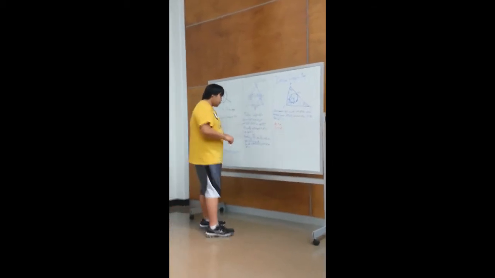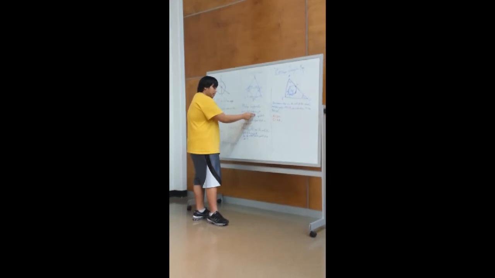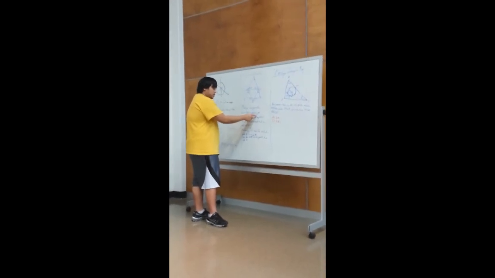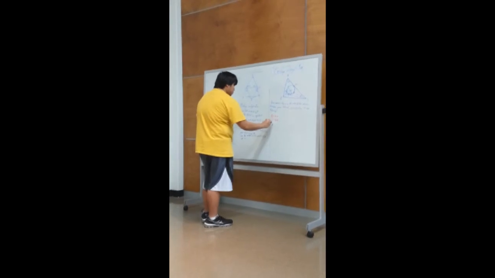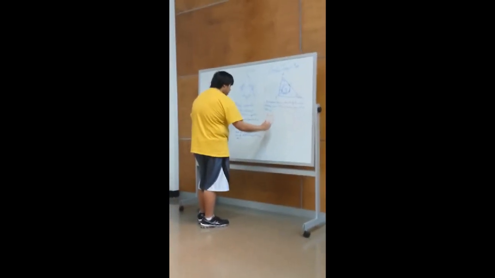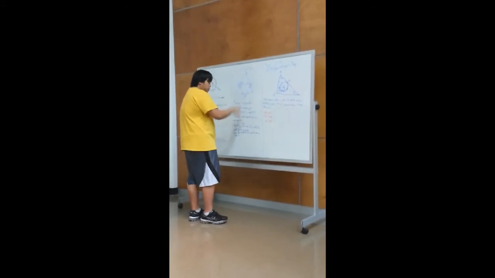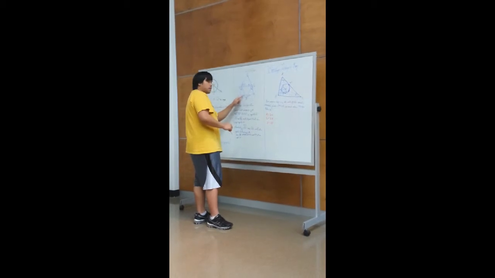Alright, so we know that alpha plus beta plus gamma is equal to 60 degrees. So this angle P is just the angle of the total triangle minus each of these angles.